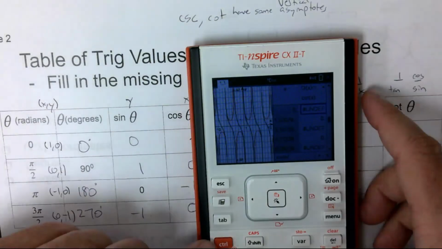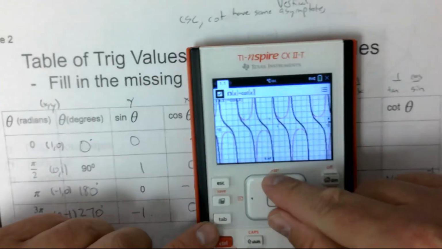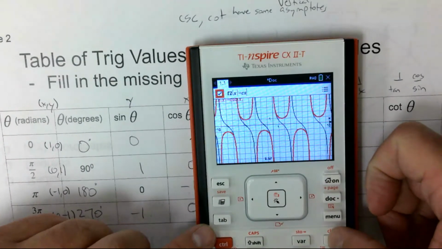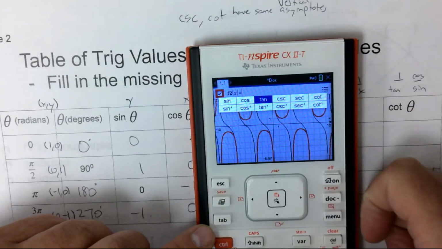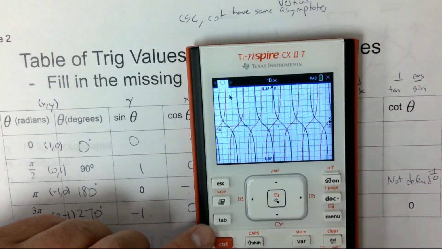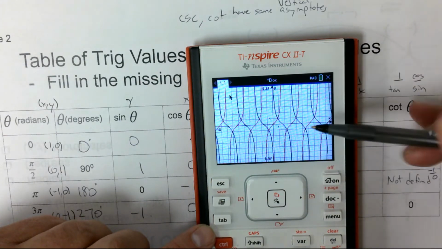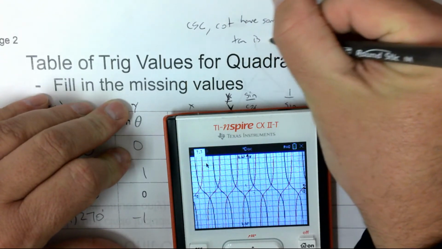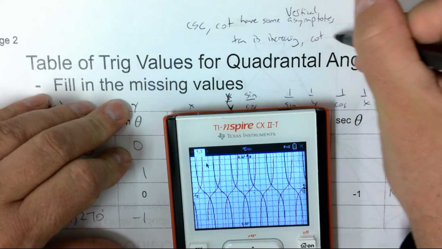Now, before I just try to fill out the whole thing, I want to show you all more about how some of these are related. So, tangent is the red one, which goes forward or is increasing. Tan is increasing, and cotan is decreasing.